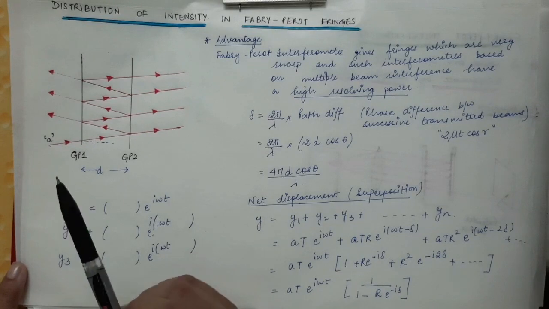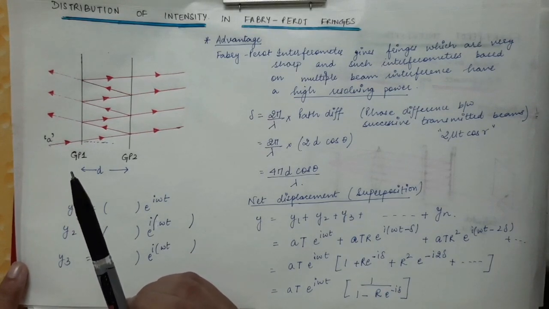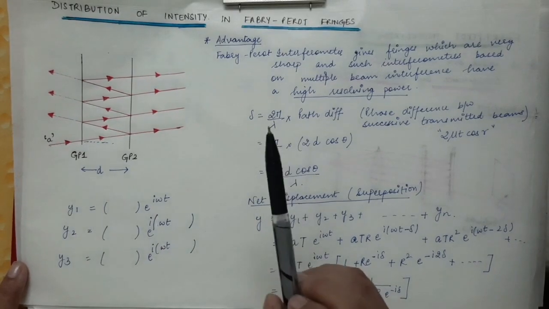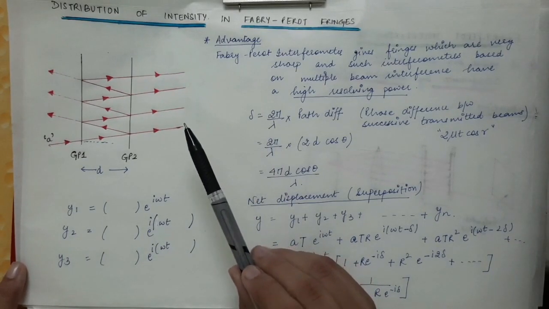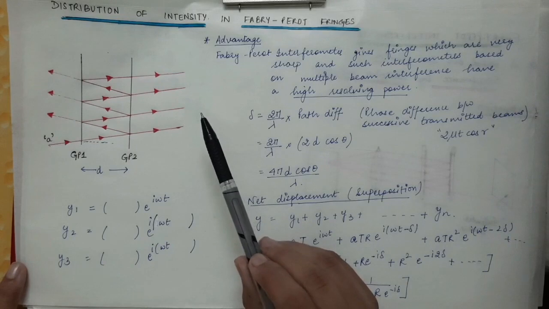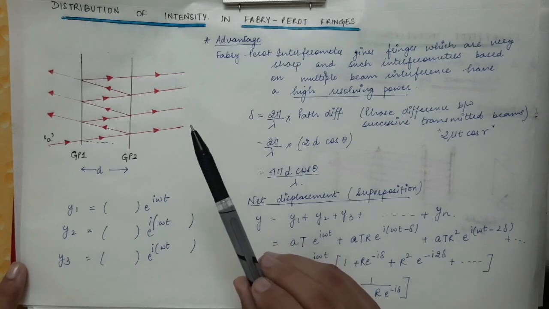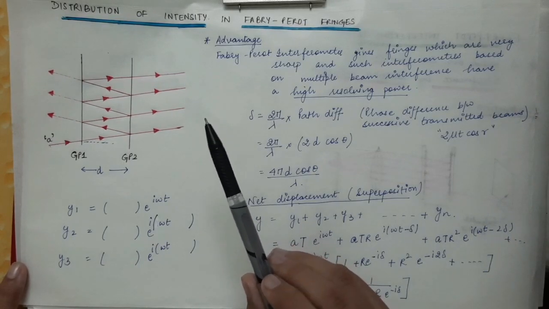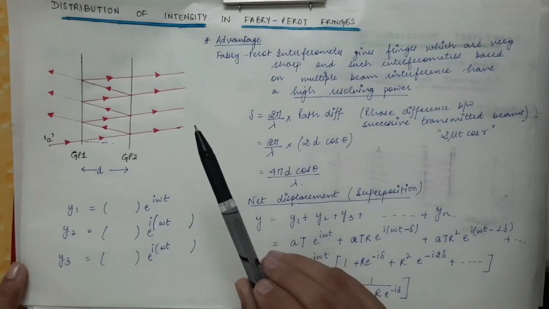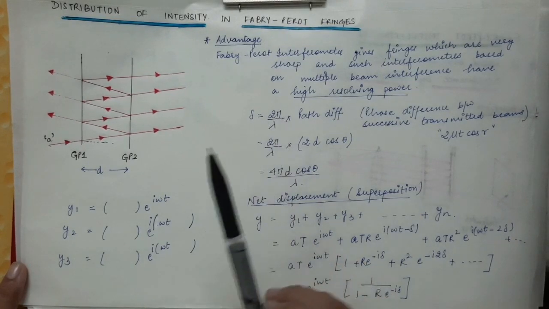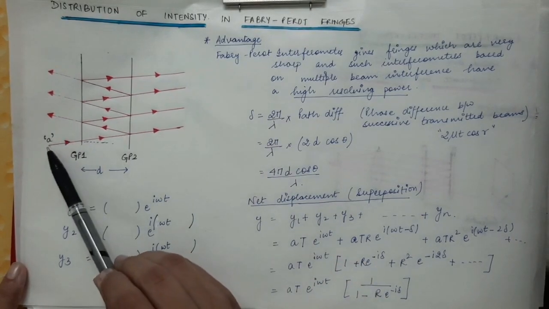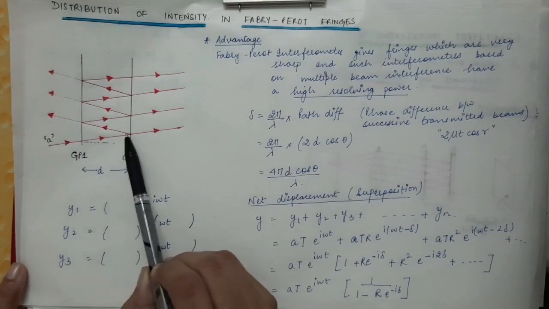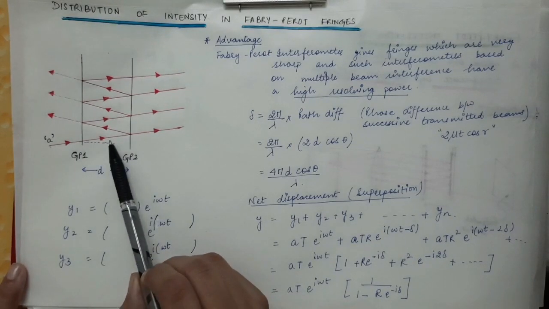In the article on phase change on reflection, we saw two parameters: first the amplitude reflection coefficient and then the amplitude transmission coefficient, which we represented by R1 and T1. Here also, when the incident ray gets transmitted, the amplitude will be reduced.